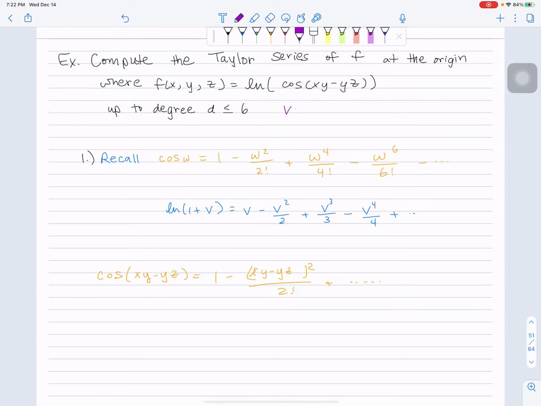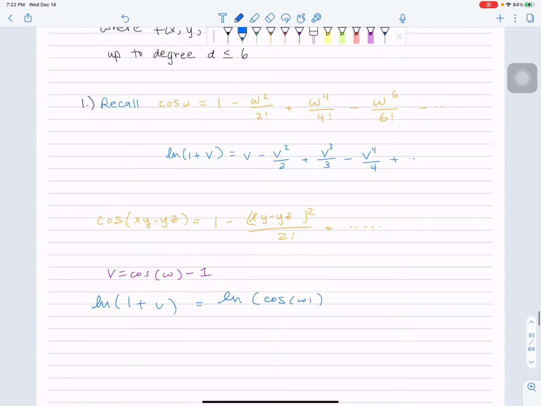So let's say that v is cosine of w minus 1. If v is cosine of this complicated thing minus 1, then plugging in natural log of 1 plus v will exactly give me what I want, cosine w.